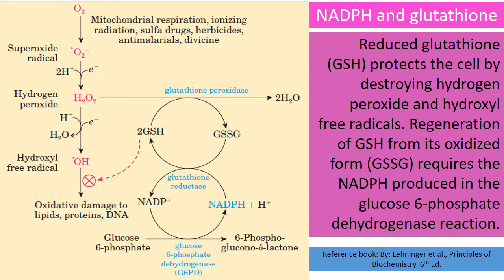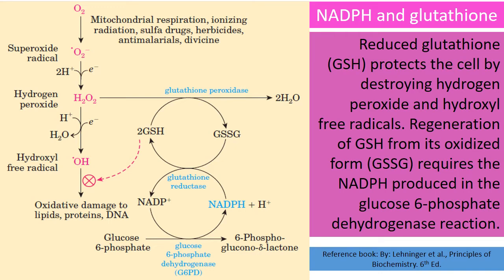And then again, if you look at the cross, the hydroxyl free radicals are not going for damaging effect; rather they are countered by glutathione, reduced glutathione, 2GSH. And this 2GSH is converted into GSSG, reduced form to oxidized glutathione.